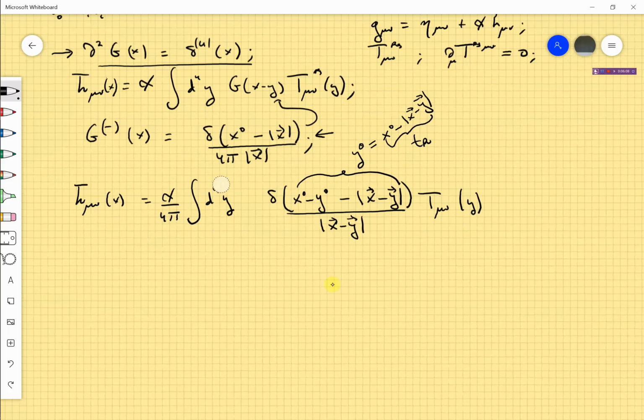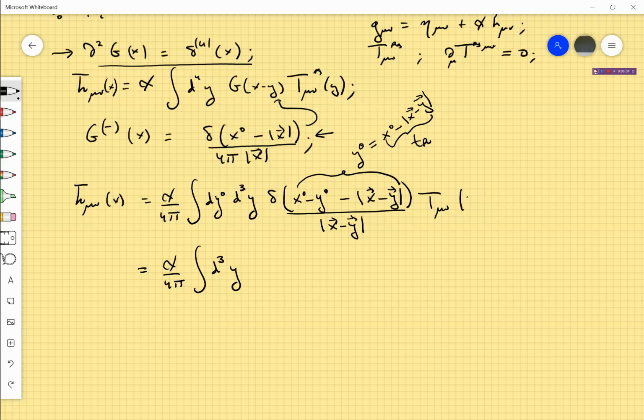If we decompose this integral into an integral over dy0 and a volume integral, what you get is an integral over the volume, and wherever you see y0, you replace it by the retarded time. There is only y0 here in T mu nu.